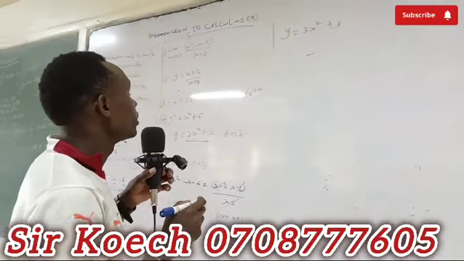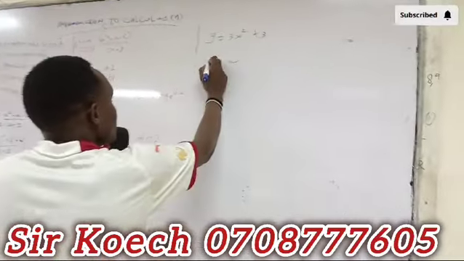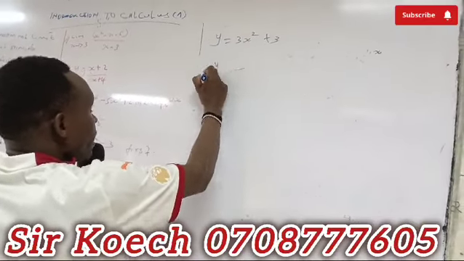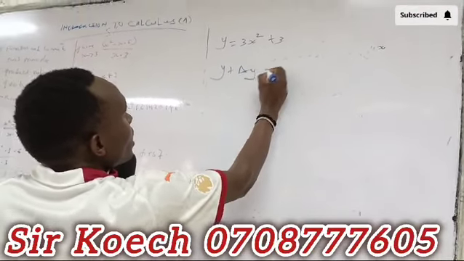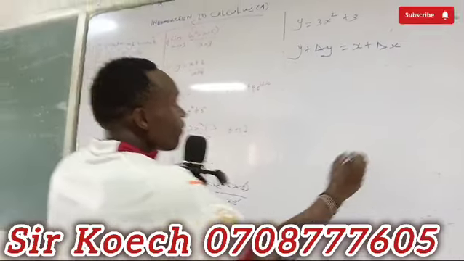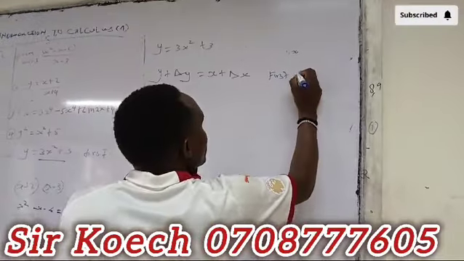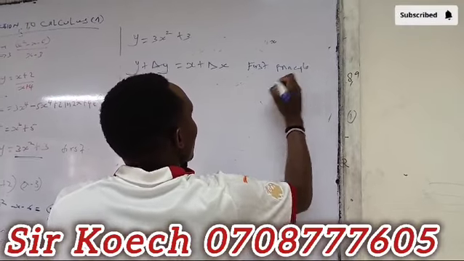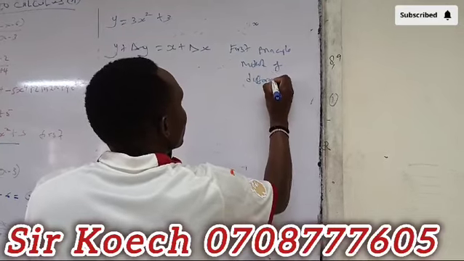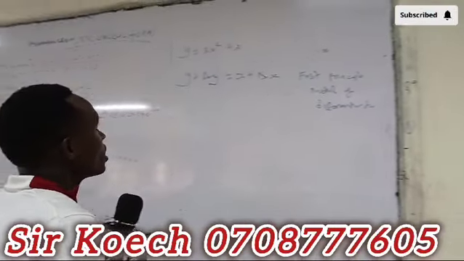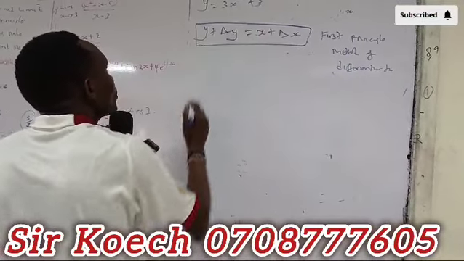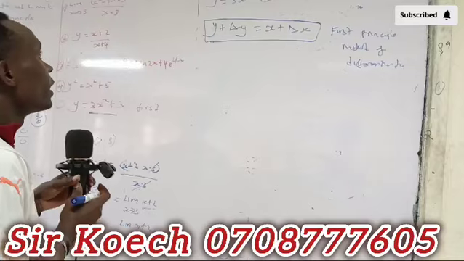And the first principle method states that y plus the change in y is equal to x plus the change in x. So this is the first principle method of differentiation.